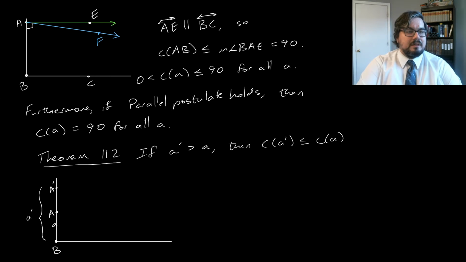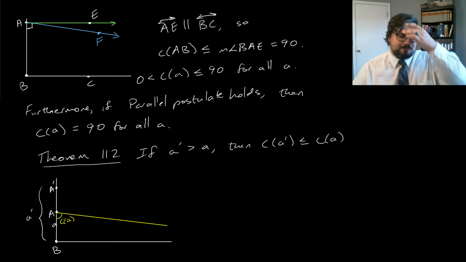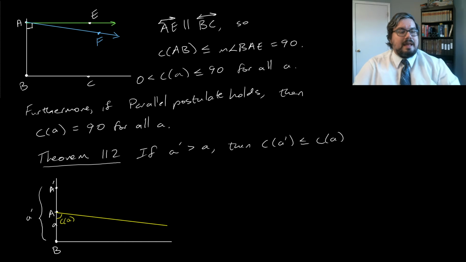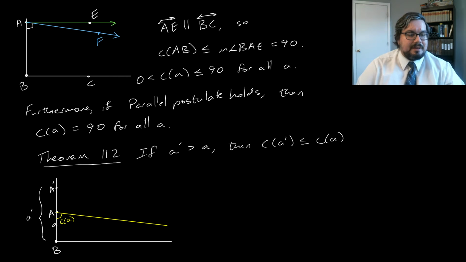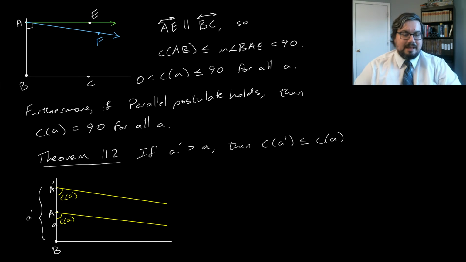So now, let's take this ray here that comes off of A and has an angle measure of C of A. And let's also take the ray off of A prime, which has the same angle measure C of A. And let's give these lines a couple of names. Let's call this first one L and the second one L prime.